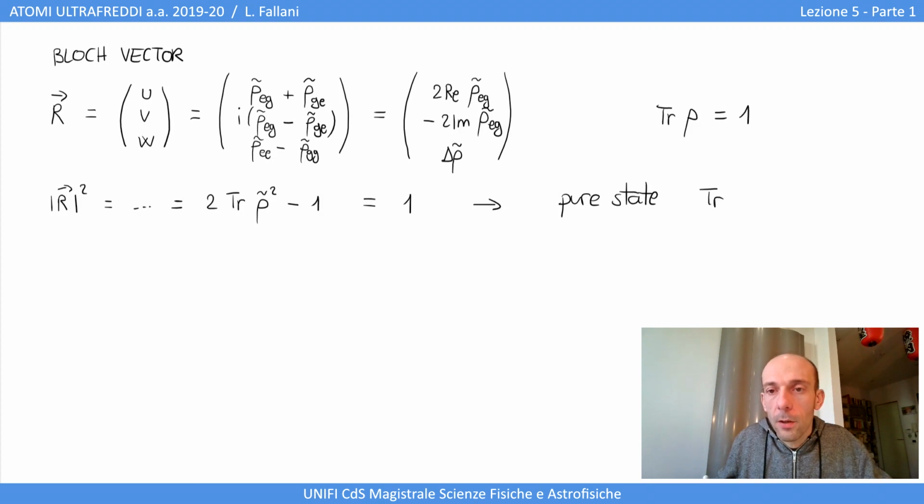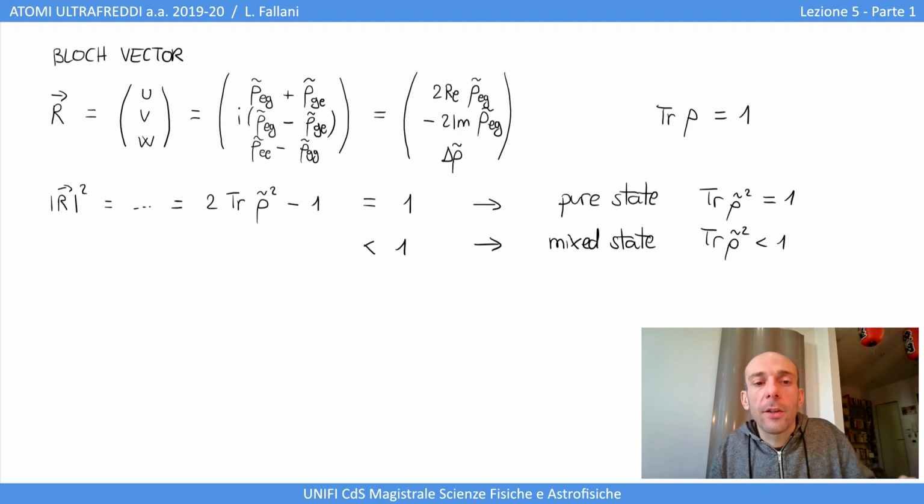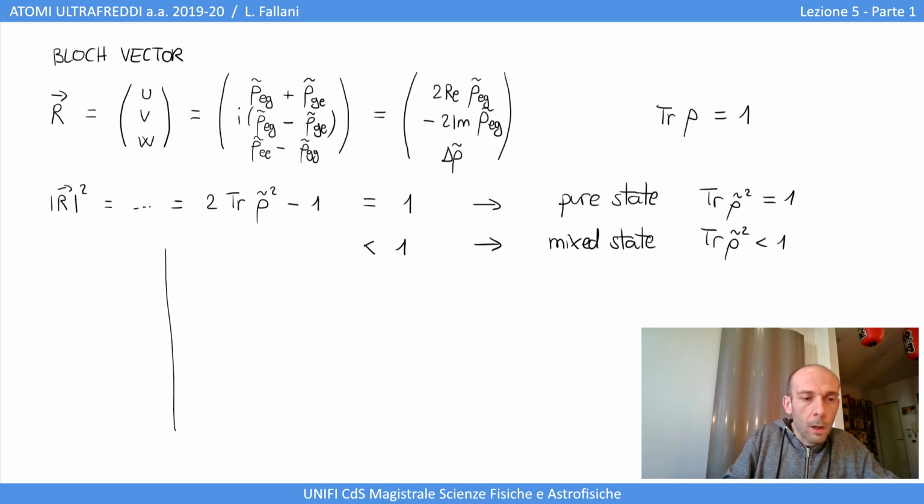So trace rho square equal 1, while for a mixed state for which the trace is smaller than 1, the modulus of a Bloch vector is less than 1. So what does this mean? This means the following. Let us now introduce the representation of a so-called Bloch sphere.